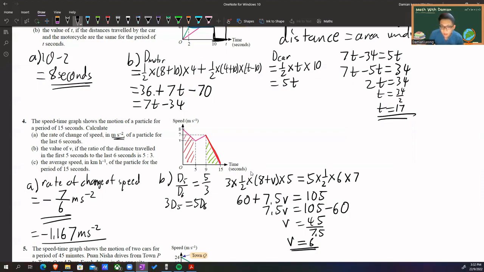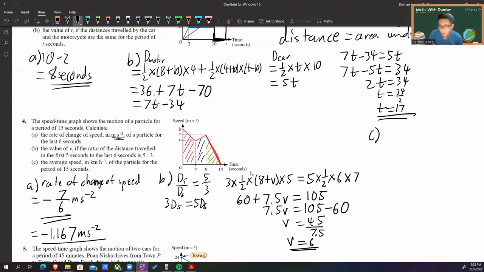As for part C, they just want the average speed of the particle for the period of 15 seconds. So I don't have this distance yet.